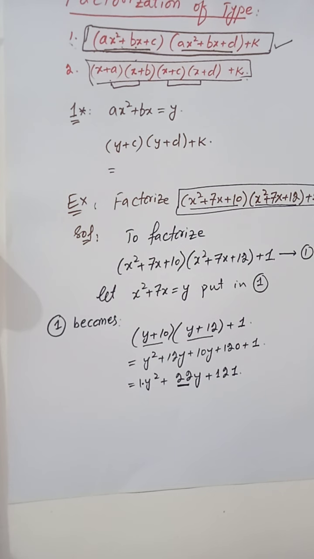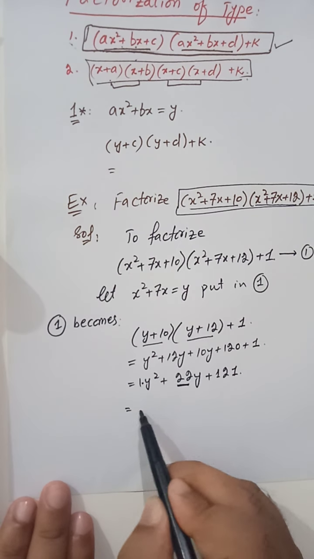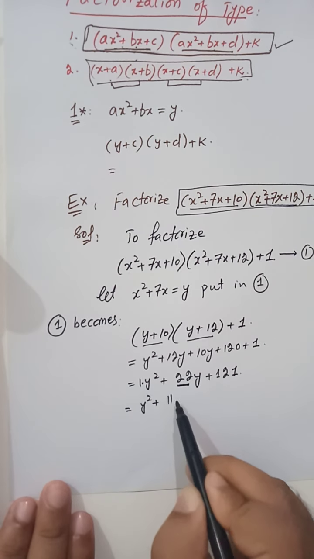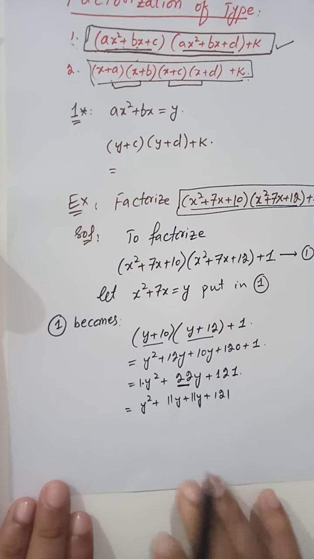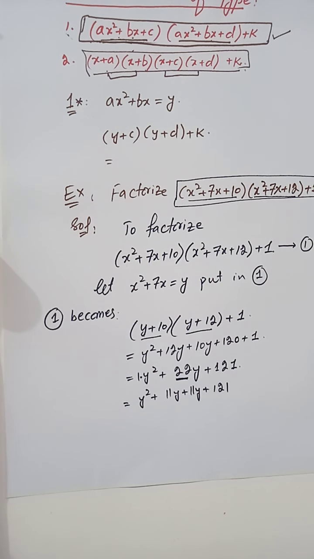Those two parts are 11 and 11. When I multiply 11 with 11, I get 121, and when I add 11 with 11, I get 22.